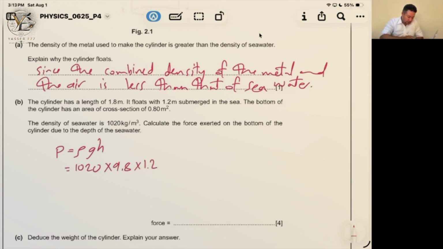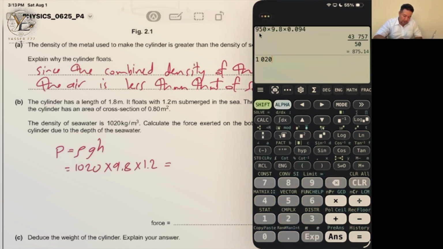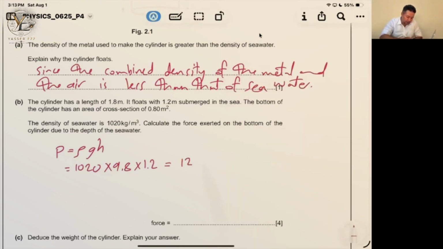What is the result to find the pressure? Let's find it. 1020 times 9.8 times 1.2 equals 12 times 10 to the power of 3 pascals.